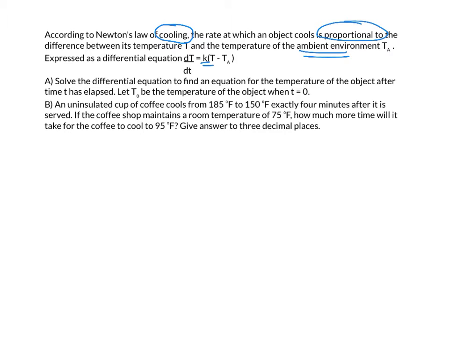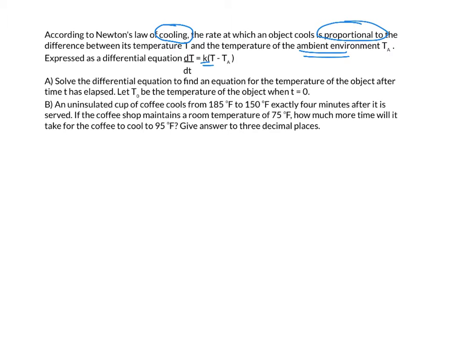Probably the only thing to understand really about cooling is for something to cool, it must be warmer than the surrounding area. Okay, so if I have something that is 100 degrees in an area that's 50 degrees, that 100 degrees is going to start to cool. Part A, we're asked to solve the differential equation, and we had a video on this before, so if you need to, you can go and check that out.